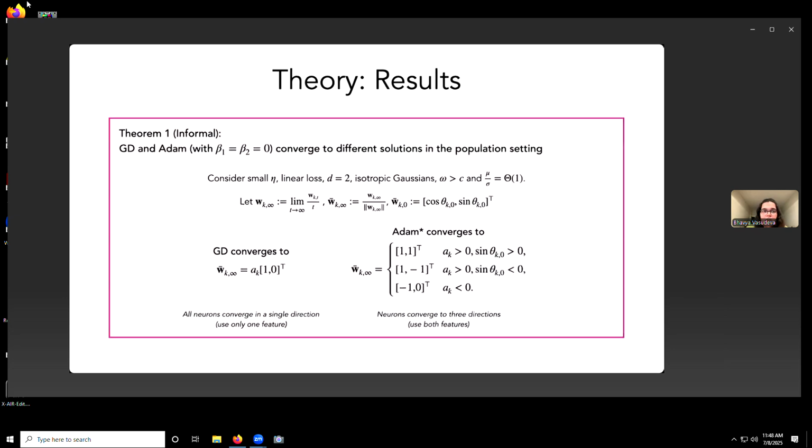So this is the main theoretical result, where we compare gradient descent and Adam without the momentum, so sign GD, in the population setting.